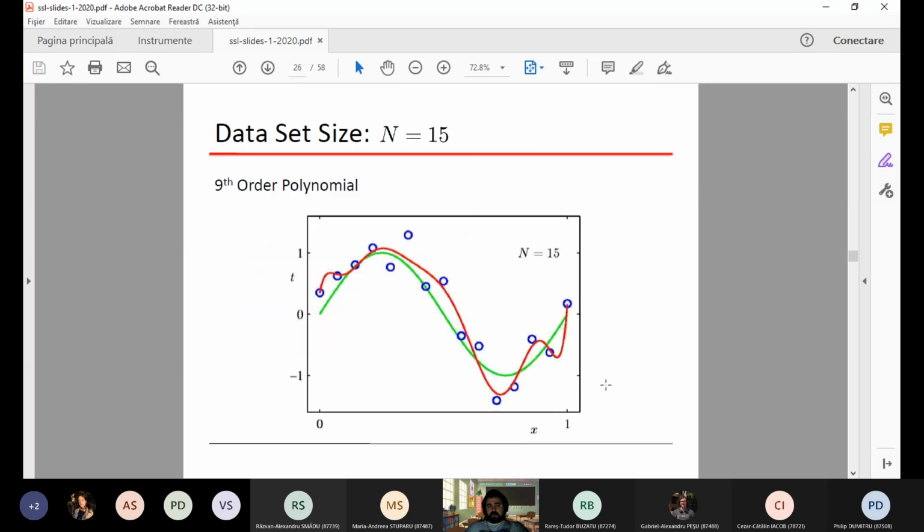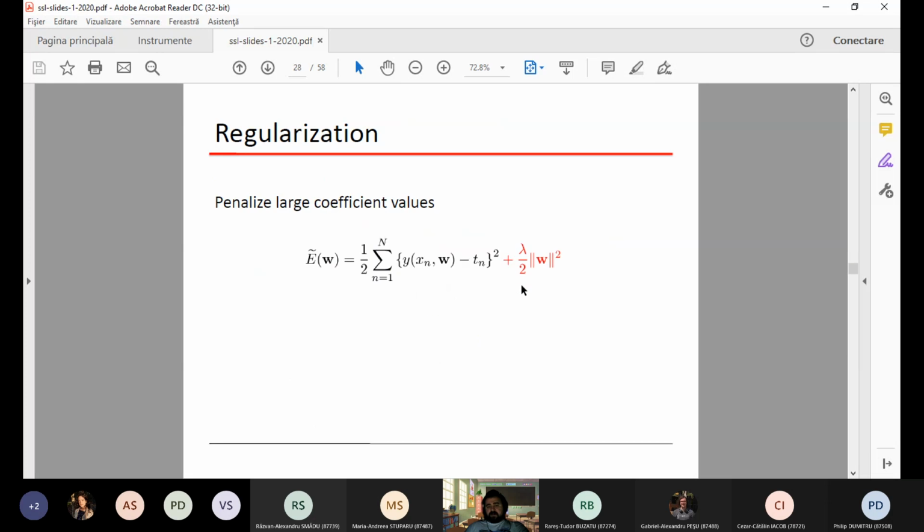And this is why you would like to have regularization, which imposes that the error also considers the weights, because once you intend to keep the weights low, they won't be able to fit a spline, and therefore you avoid this overfitting.